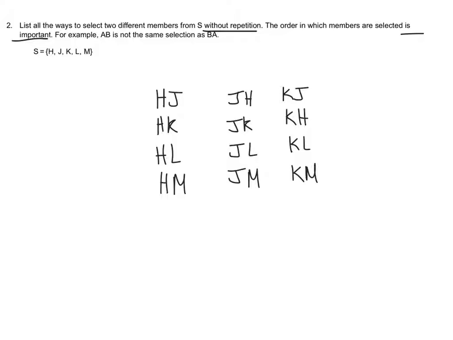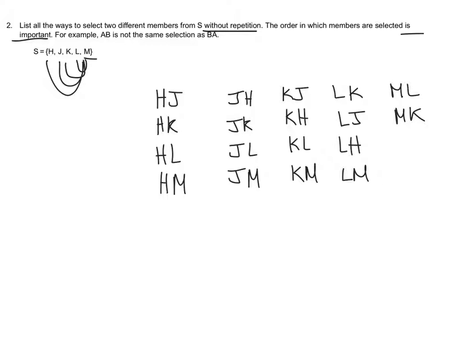Next, we'll move on to member L. L can be paired with K, with J, and also with H. And then lastly, L can be paired with M. The last member in the set is M. So M can be paired with L, K, J, and H. So we have ML, MK, MJ, and MH.